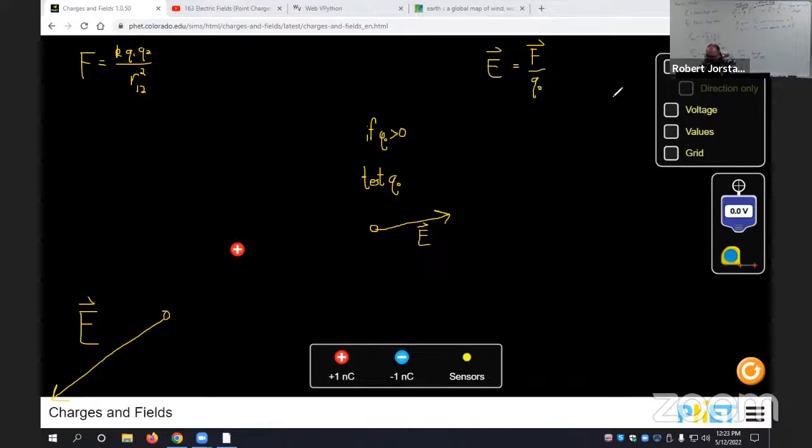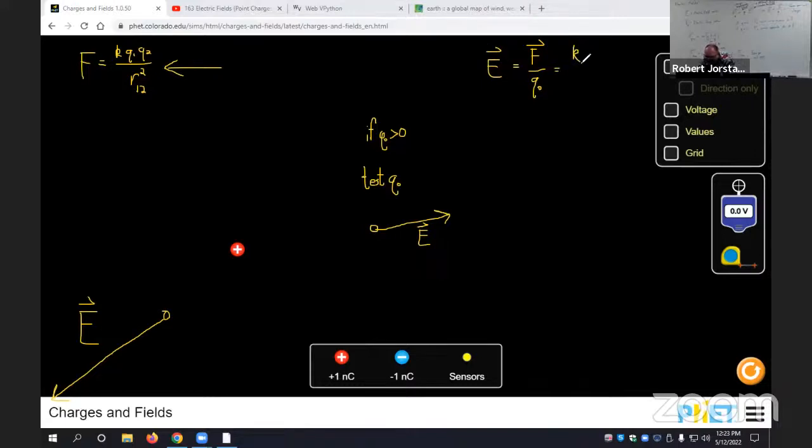And this is sometimes why they use that Q naught. We like to clarify whether we're dividing by the source charge or this test charge. And so the electric field should really be the force divided by the size of the test charge. Now, if I look at this equation on the far left here, I could see that this is going to look something like this.